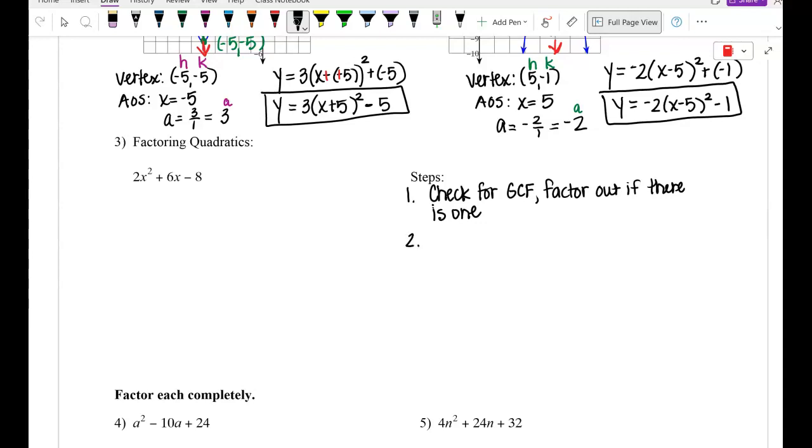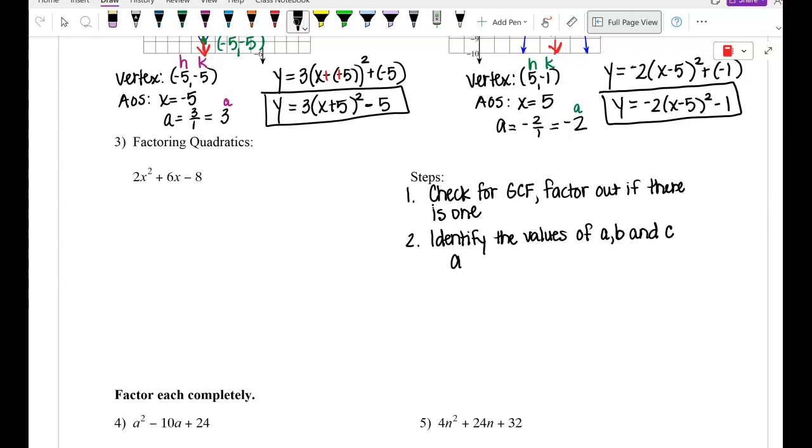Step number 2, identify the values of A, B, and C. Now today we're switching back to standard form.